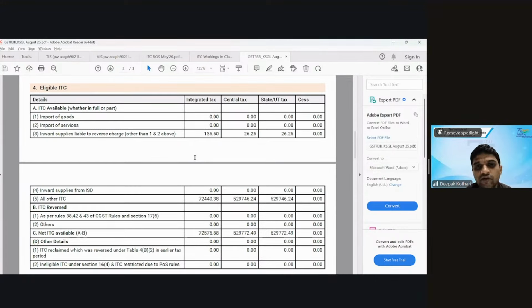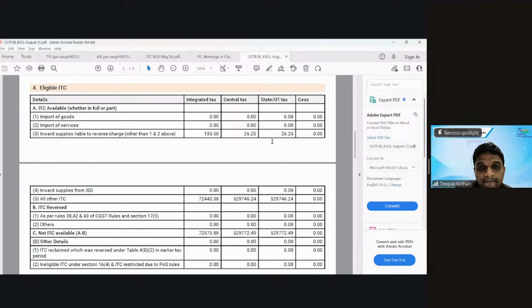Yes, that's appropriate. You can utilize your CGST and SGST for payment of IGST. You can utilize your IGST for payment of IGST, CGST, and SGST. But the only restriction is you cannot utilize your CGST against SGST, and you cannot utilize your SGST against CGST.